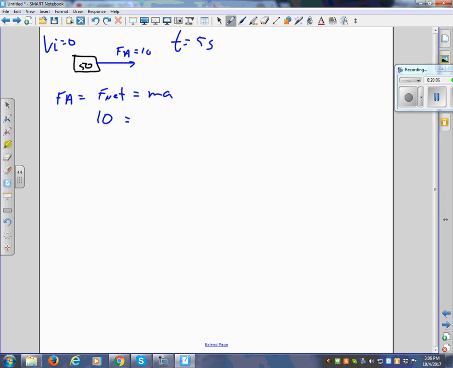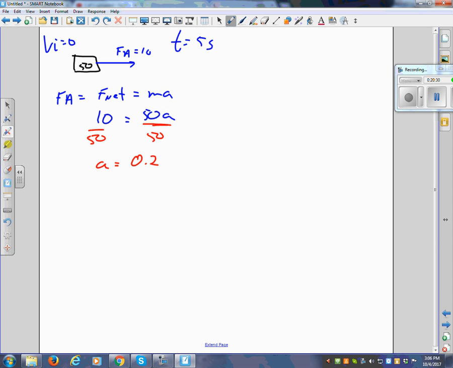Our mass is 50, so 10 equals 50A. Now I'm going to divide by 50, thank you. Please don't make that mistake. A is equal to 10 over 50, or 0.2, in meters per second squared.